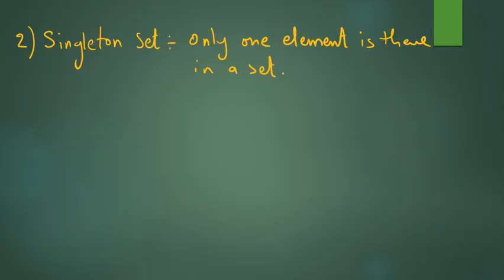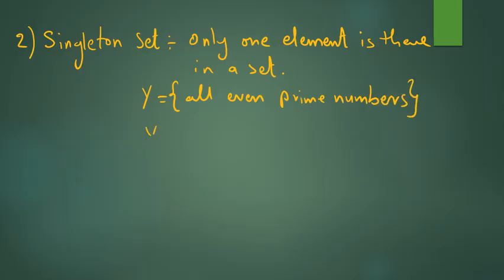For example, if I take any set Y, all even prime numbers. So, what are the elements that we get in this even prime number? We all know that 2 is the only even prime number. So, only one element is there in the set. So, this type of set is called a singleton set.